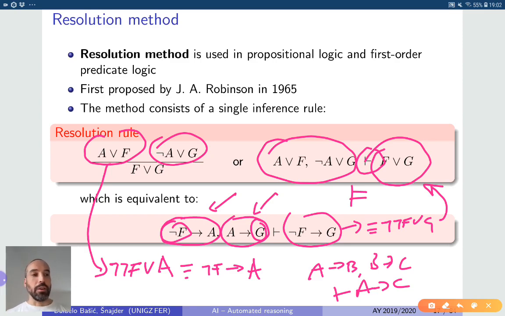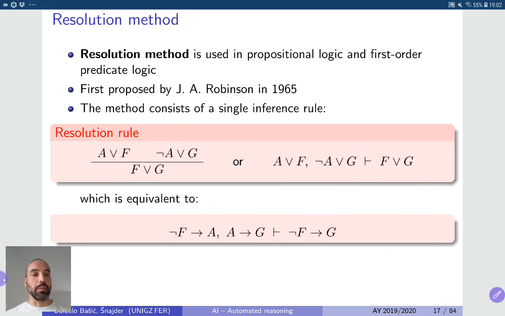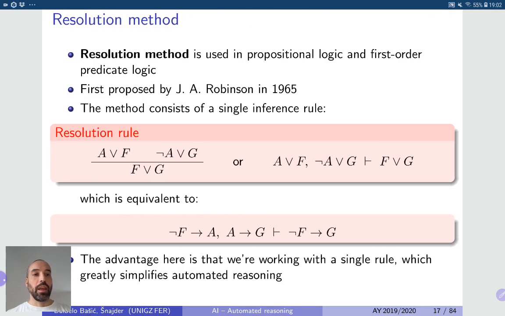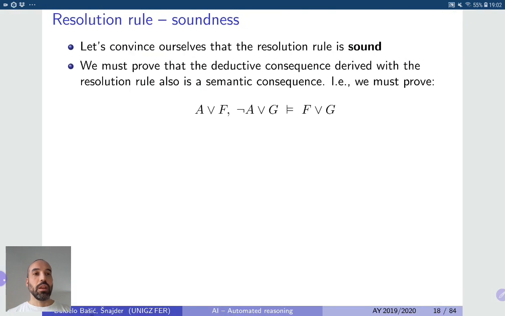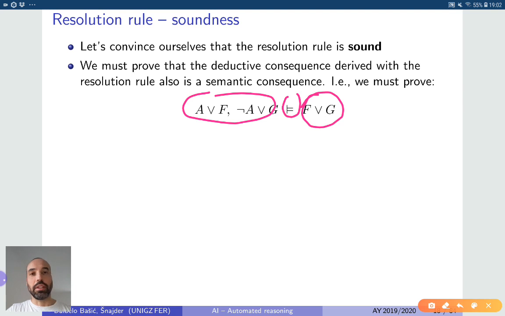But let's do this in a more proper way, in the sense of independently of the other deduction methods. In order to do this, we need to prove that what the resolution rule is giving me as a deductive consequence is indeed a semantic consequence of these two premises, right?